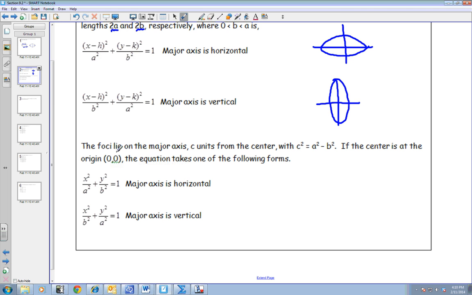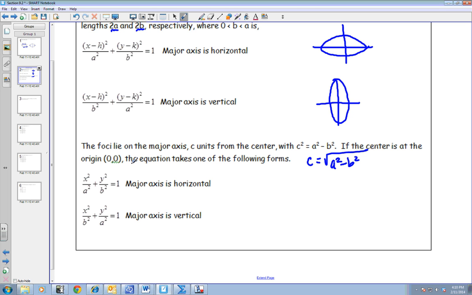The foci lie on the major axis, so my two focus points will always lie on the major axis, c units from the center. Here's how we find c. Using the a's and b's underneath, c squared equals a squared minus b squared, or c equals the square root of that.